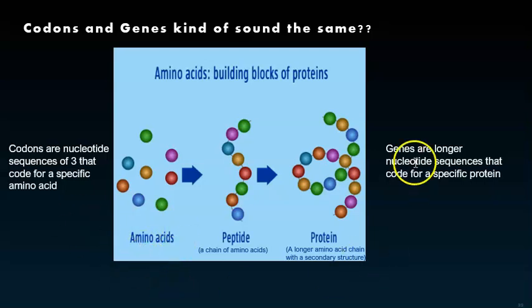But genes are much longer nucleotide sequences, and they're coding for the entire specific protein. So every amino acid is included in the instructions of a gene. And that's just to help you break down the difference, because we hear codons, we hear genes, they're both coding for something, but codons are just coding for a piece of that genetic information in the protein, and genes are coding for the entire strand of a protein.